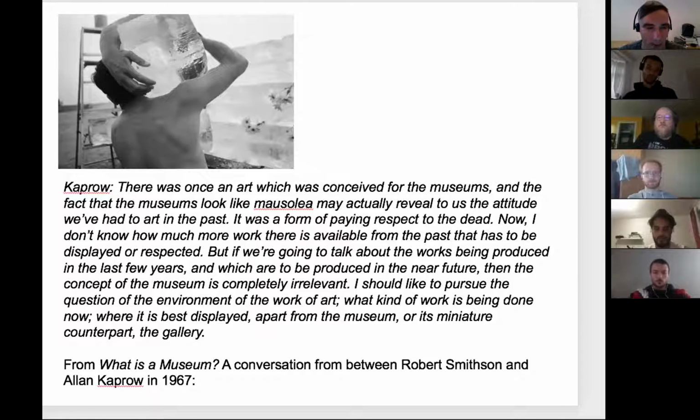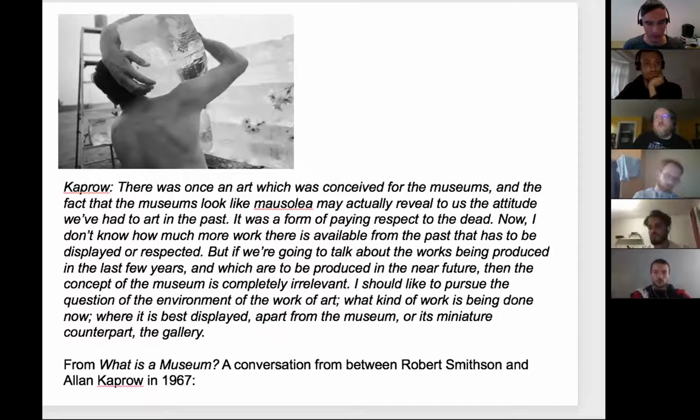But the argument that Boris Groys makes, and again, this is his sweeping generalization, is that all artists make art intended to be framed for the museum. The ideal site of the artwork is inevitably the museum, because that is the only way an artist can guarantee that the temporality of their work will move into eternity.